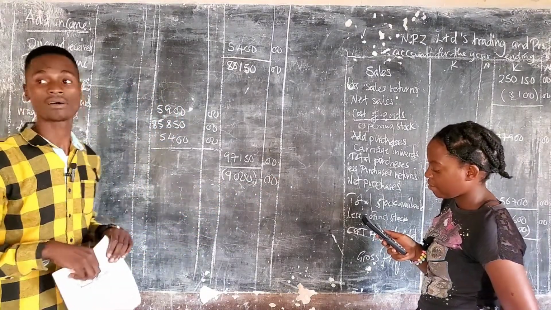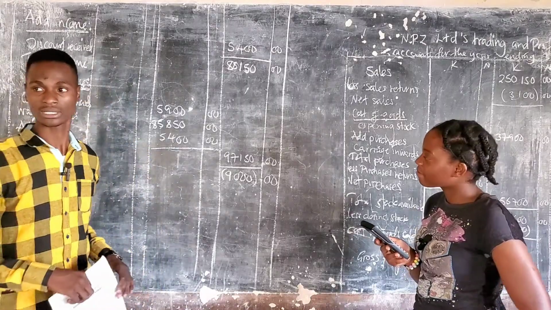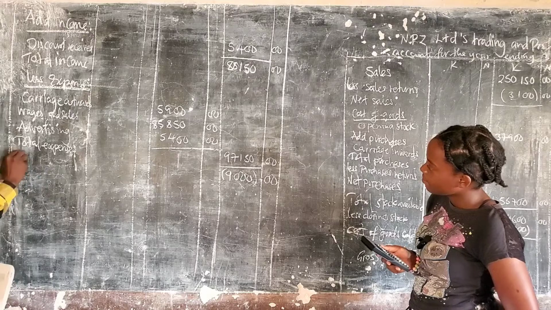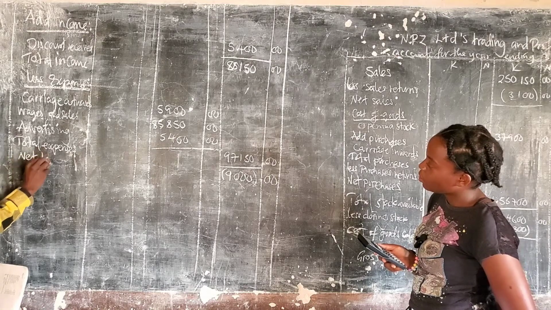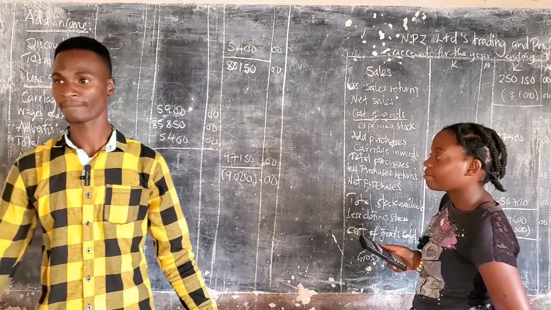Guys, you have nothing in your business that year, the 2020, 2021 financial year. So that one is not profit. It is net loss. Very good. So you can't smile.